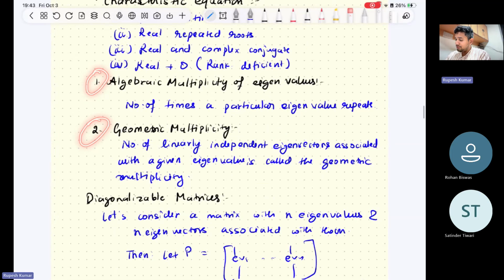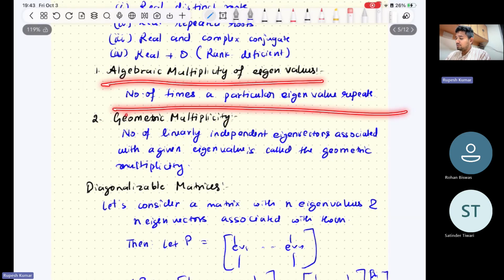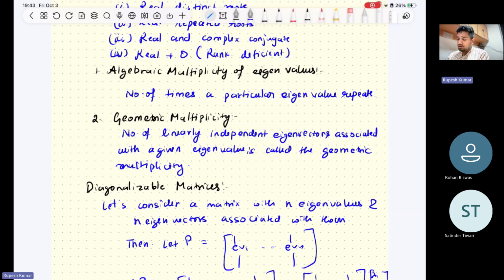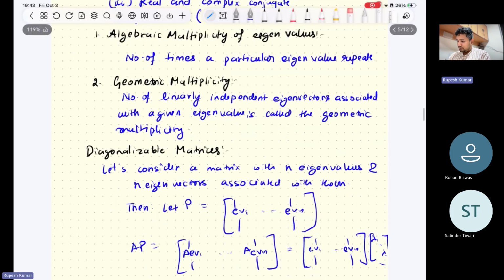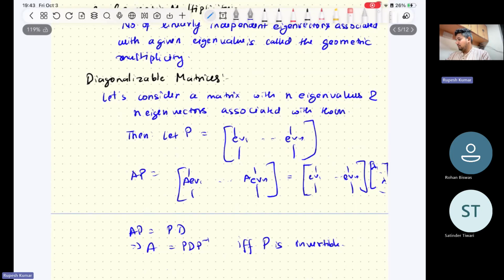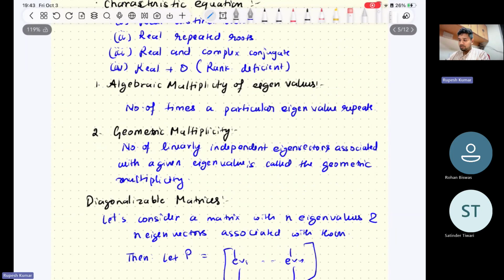Algebraic multiplicity is the number of times the eigenvalue is repeating in the solution, how many times the same eigenvalue occurs. Geometric multiplicity is the number of linearly independent eigenvectors associated with a given eigenvalue. So these are two definitions, and we will see what they mean and why we require them.